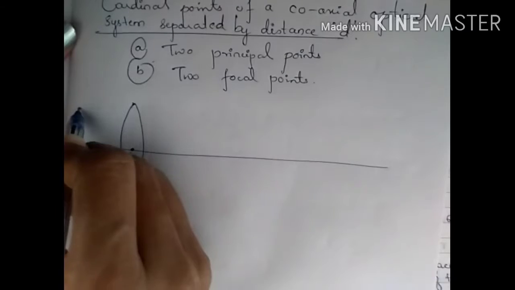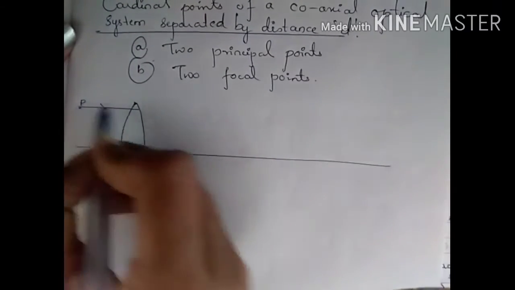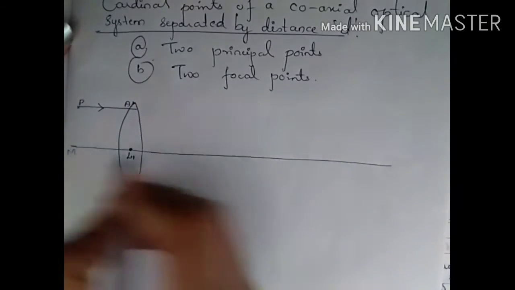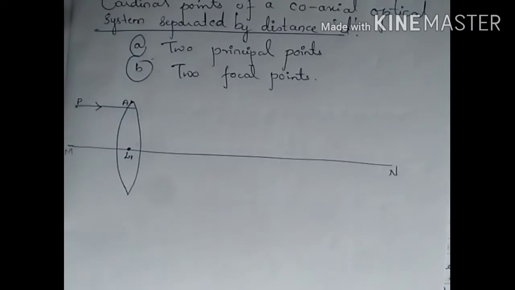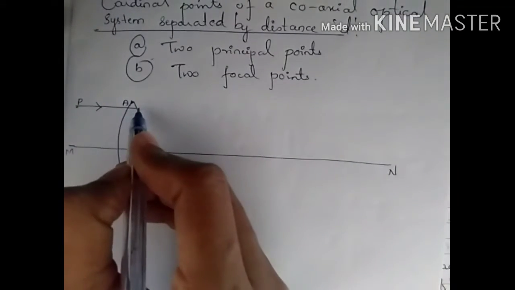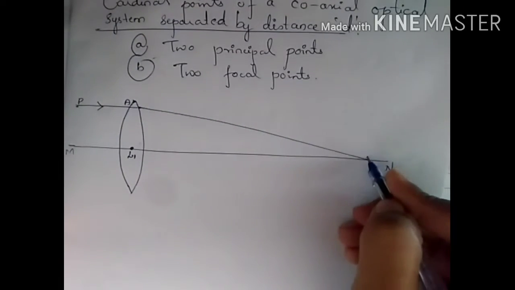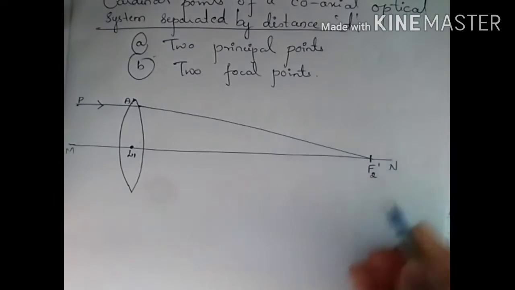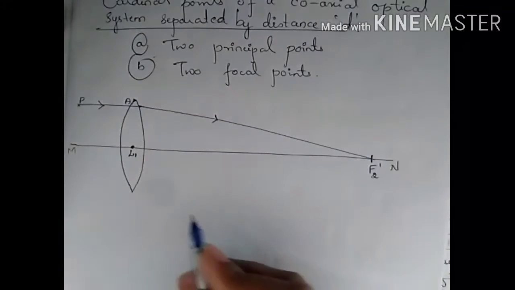There is an incident ray PA and MN is the principal axis. This incident ray will get refracted and fall on the principal axis at a point F2 prime. So this is the refracted ray.